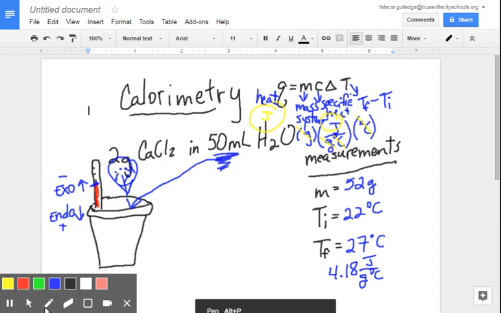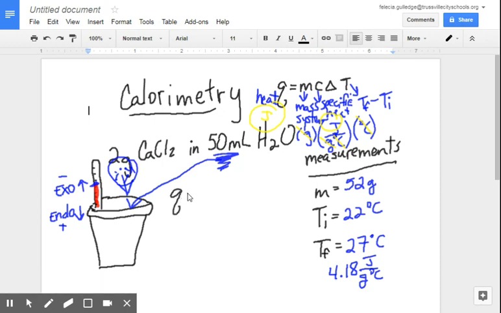So what I'm going to do here is solve for Q. Now the Q that I'm solving for is for my surroundings, because I am measuring the temperature of the surroundings. So I plug in the mass, which is 52.